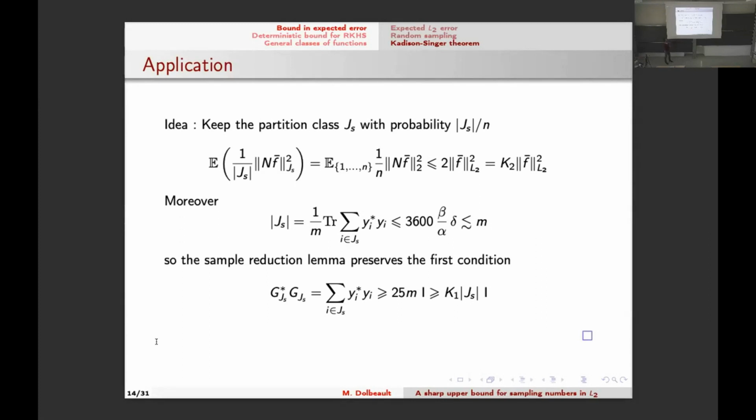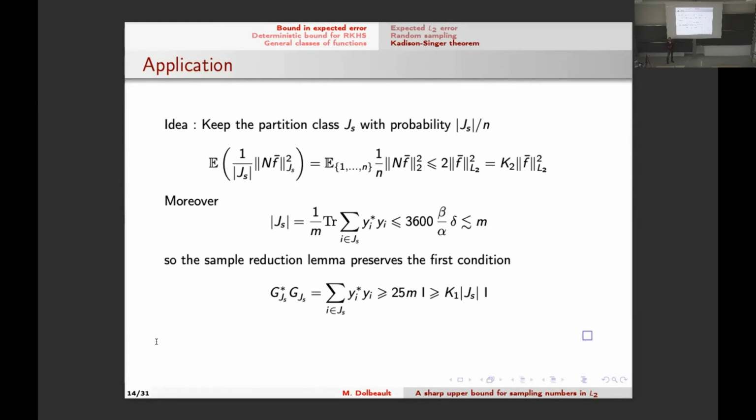Now, let me recall that the first theorem was bounding randomized sampling numbers with a bound in expected L2 error. And here, I might not be happy with that. For instance, this result is not uniform. It means that for every function, my sample chosen at random will be good in expectation.